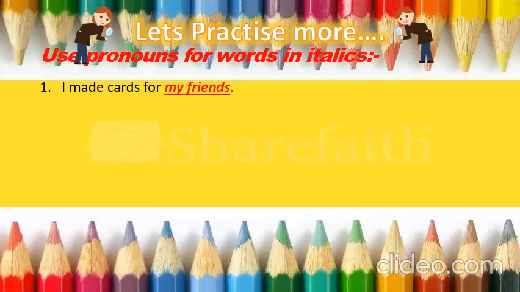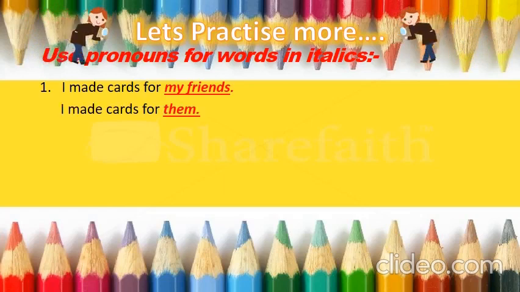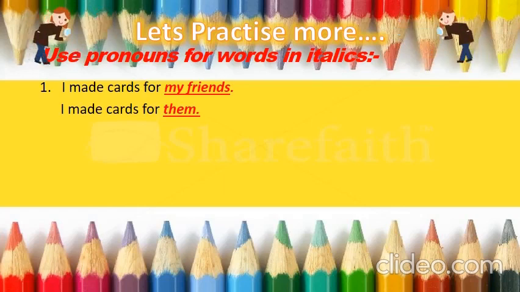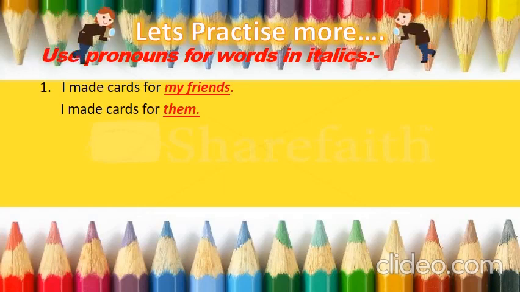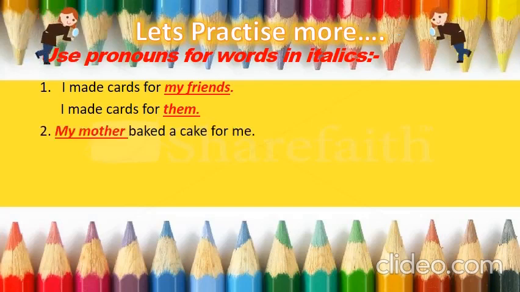I made cards for my friends. My friends, we are to use this word as a pronoun now. How? So I made cards for many friends, right? So what will come? And it is an object. It is coming at the end. So it will be them. I made cards for them.